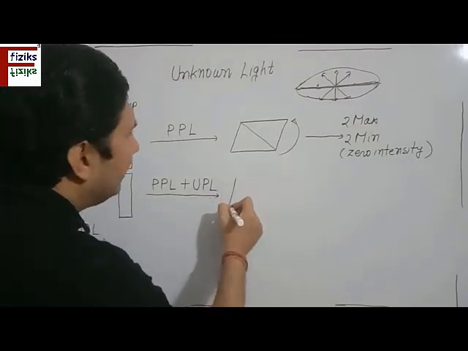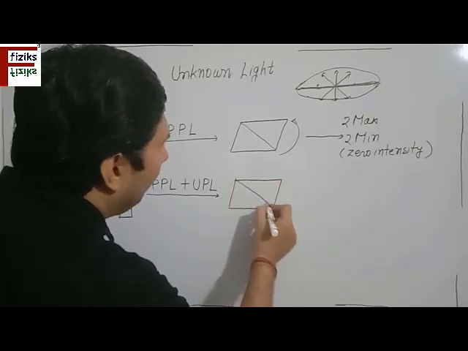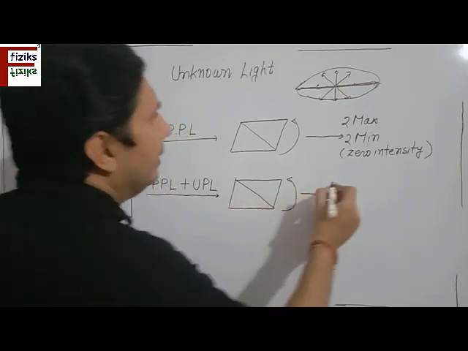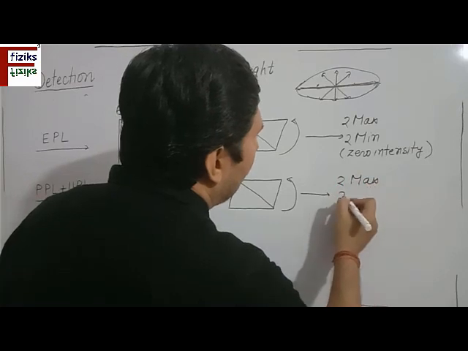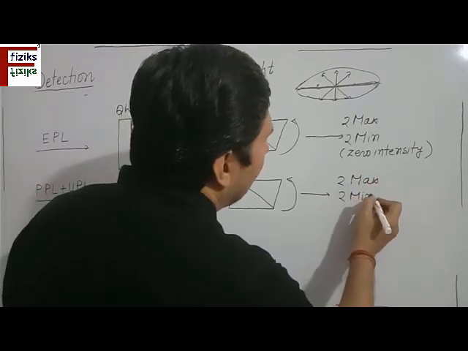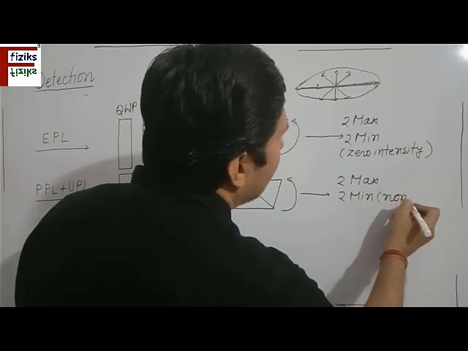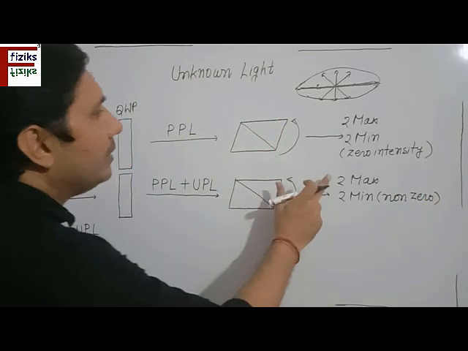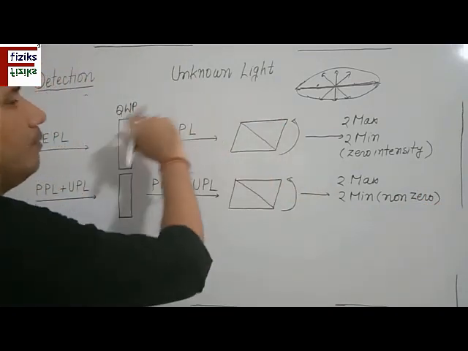Now we will pass this through the rotating Nicol. On this side we will have two maxima and two minima, and these two minima are of non-zero intensity. The positions of maxima and minima are the same as we observed first.